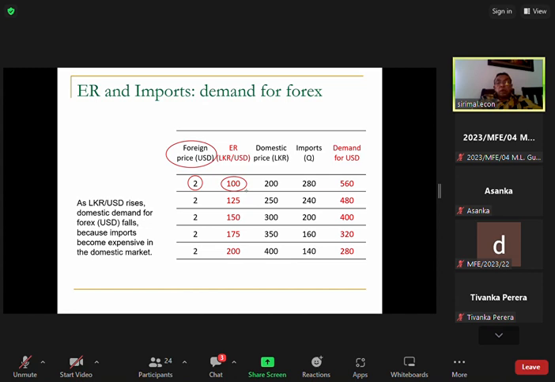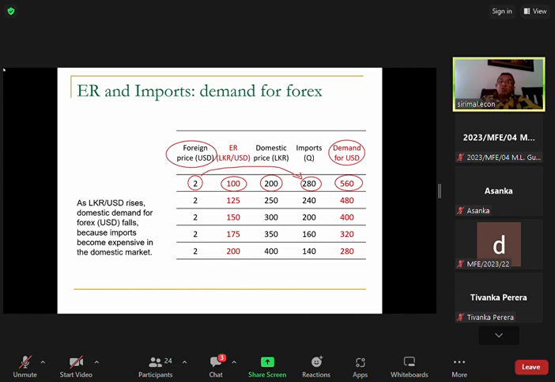So how many rupees do you pay to the bank? 200, to get that $2. And the amount of chocolates that you want to import would be 280. So how many dollars do you need now to buy 280? You need $560. That is the demand for dollars.